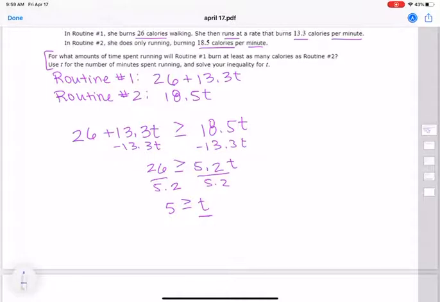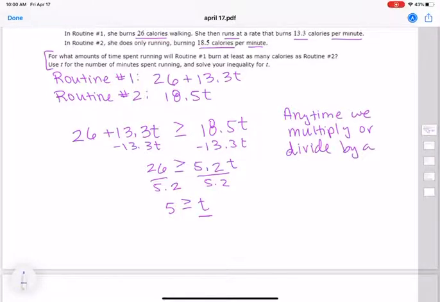One other thing to note, I don't know if it will show up in any of these problems, but off to the side I'm going to put: any time we multiply or divide by a negative number, reverse the inequality.